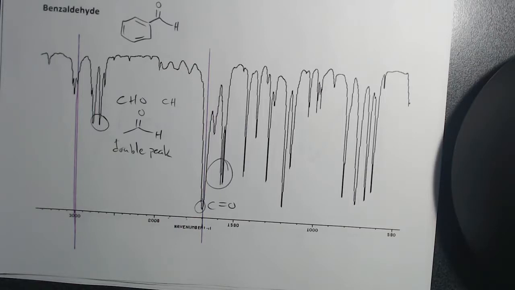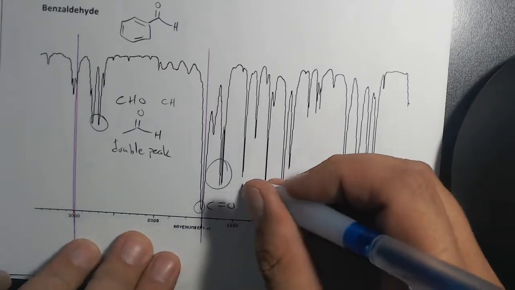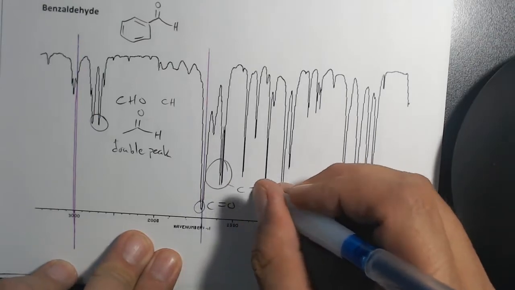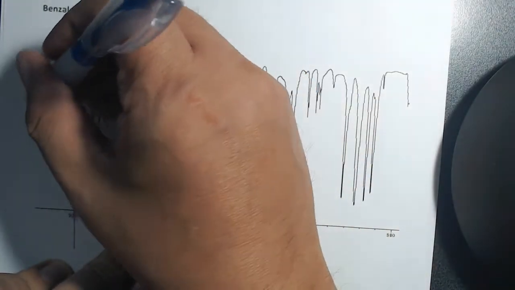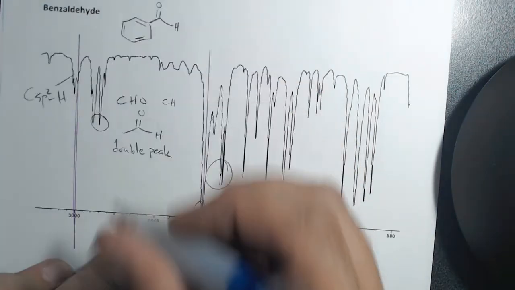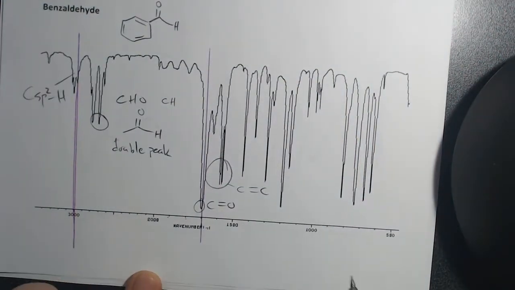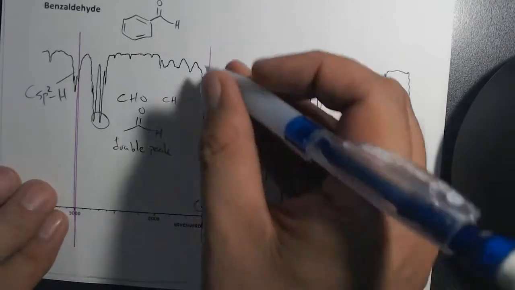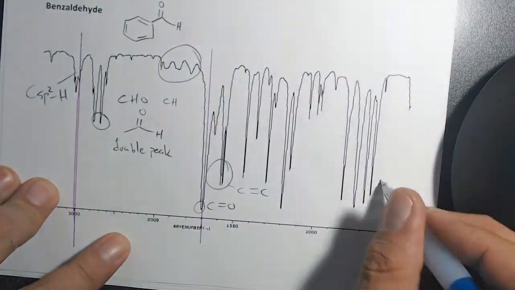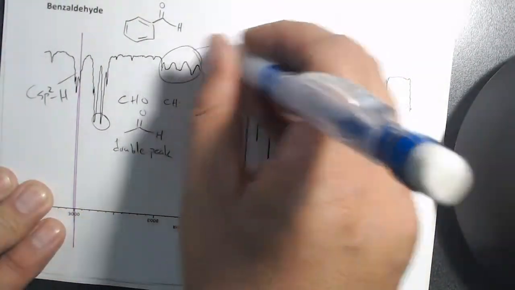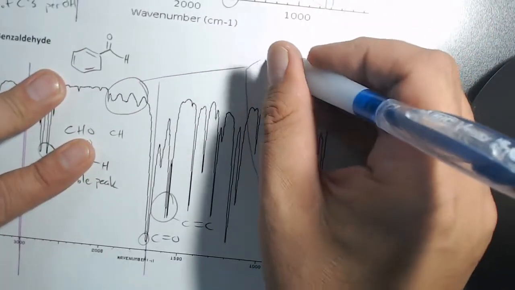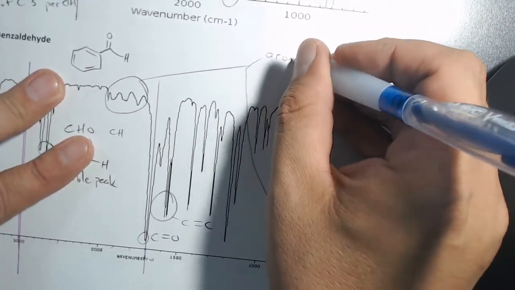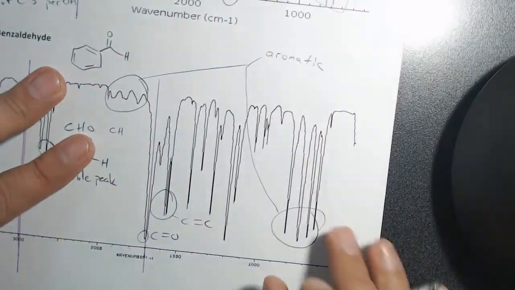What's that? That's your CC double bonds. And then that also goes along with this one over here. Those are the CSP2H. And then I am seeing one other little thing of interest, and that is this and this. These go together. And what were those called again? Yeah, those are your aromatic overtones. So I'm just going to write aromatic for now. All right.